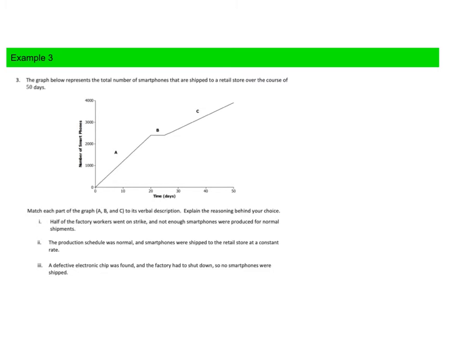So that says half of the factory workers went on strike, and not enough smartphones were produced for normal shipments. Okay, well, if half of them went on strike, there's still going to be some people making smartphones, right? It's just not going to be as steep of an increase, so it's not going to be as many smartphones being made.